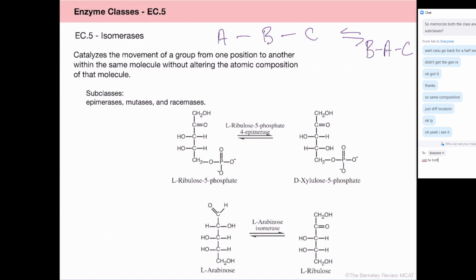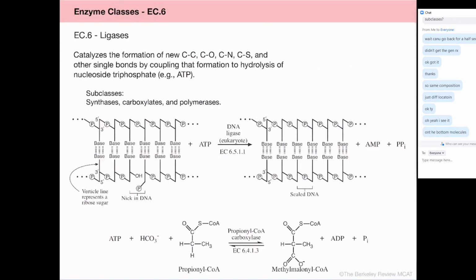And then the last one is ligase. This is the formation of new carbon-carbon, carbon-oxygen, carbon-nitrogen, carbon-sulfur bonds by coupling that formation with the hydrolysis of ATP. So ATP is involved.